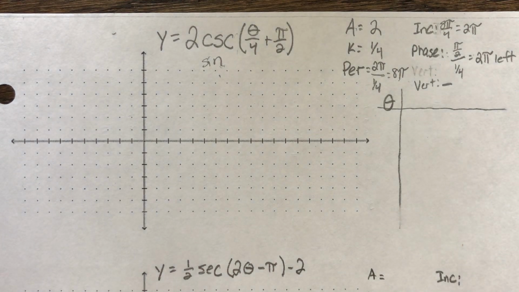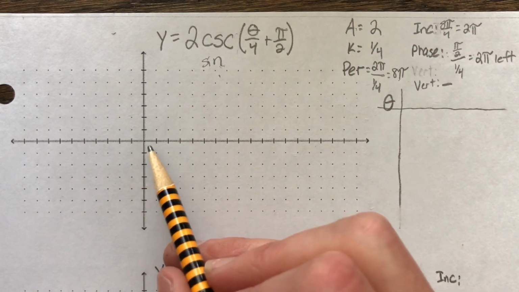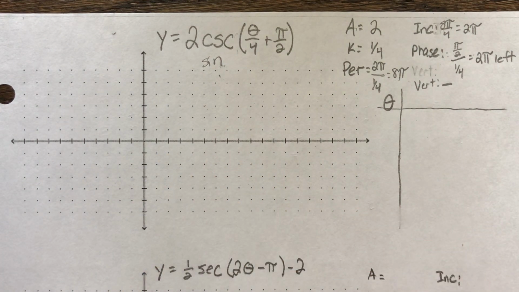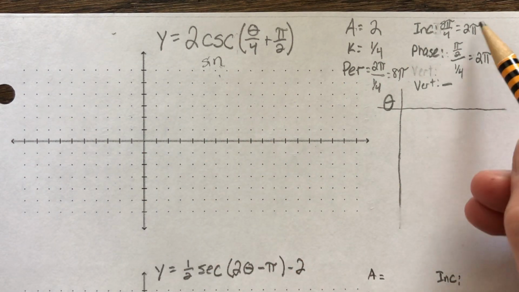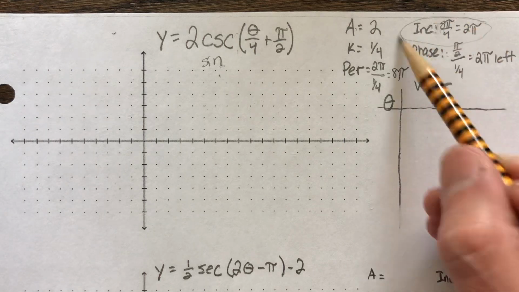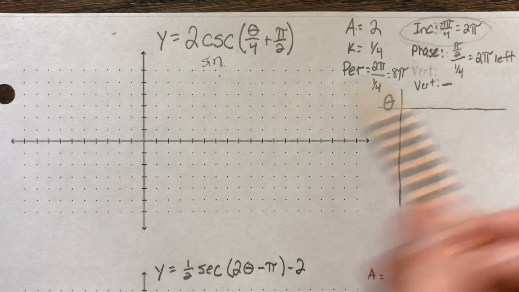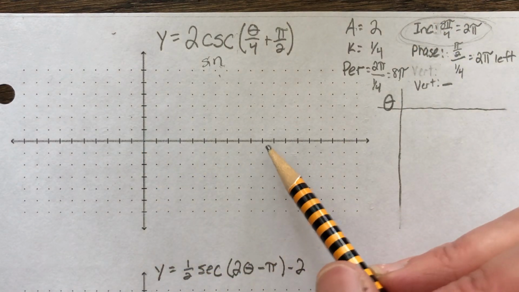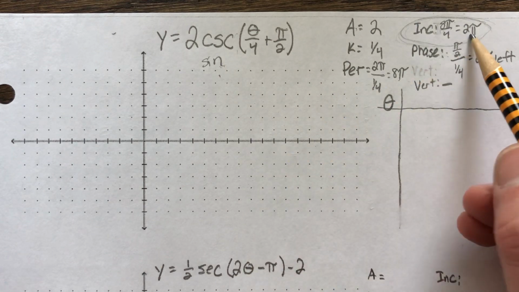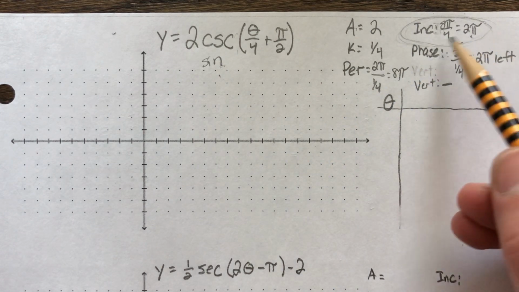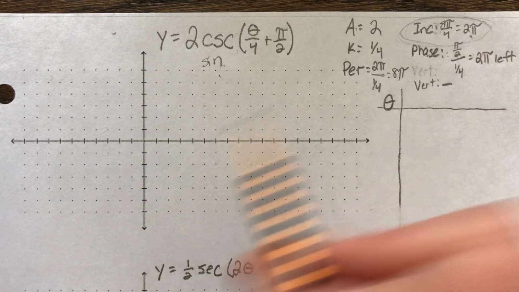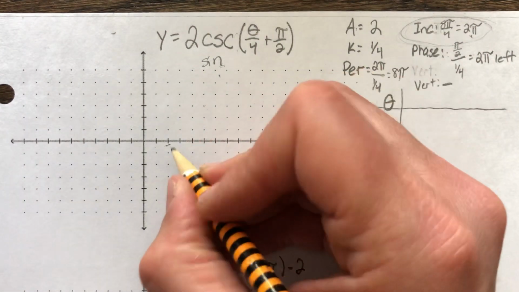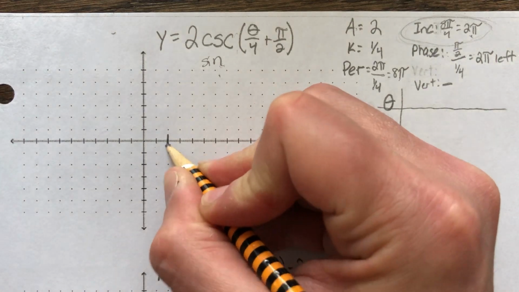Okay, so labeling. Some of us are still struggling with the labeling of the x and y axis a little bit. The whole reason I have you find the increments is so that you can use them to label. It's not like I'm having you find random stuff for no reason. The reason you're finding this is because that is what you're going to use on your x-axis.